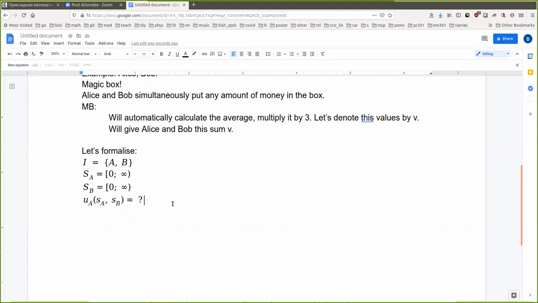So we will not deal with the case where she has some risk preferences. In this case, we will consider the case where each unit of money has the same utility. So what is the utility function for player A? And what is the utility function for player B?